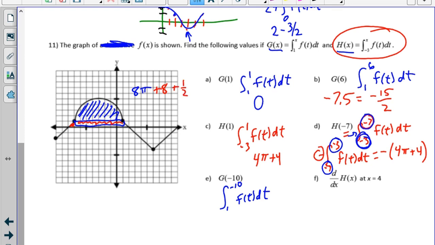And then we also have this triangle over here, which has area 1/2 times 2 times 2, which is 2, and that's underneath the axis, so I'm going to subtract it.